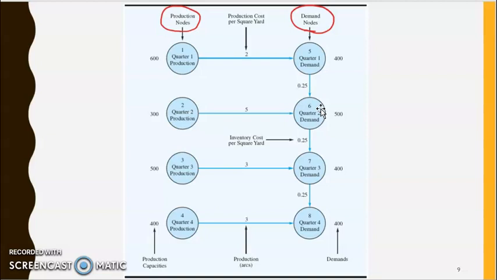Or for example, for the generator example that we did together, we had some cities as the demand points and some cities as the transshipment point and some cities as the supply point.